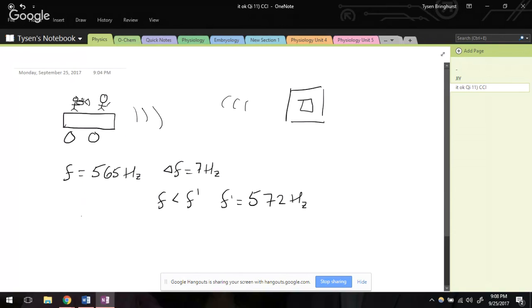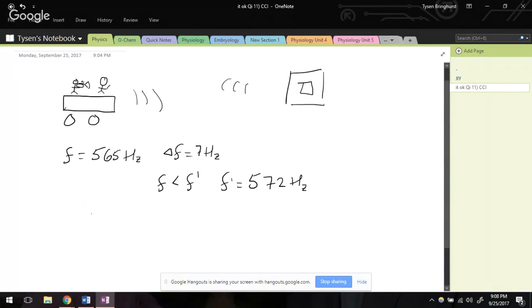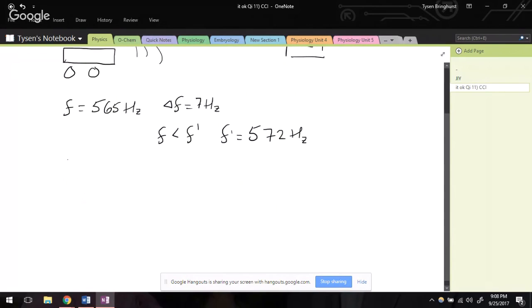Exactly. So at this point, if we want to find out the velocity of the vehicle on which the conductor is standing, we need to take our basic equation for the Doppler effect, which is F prime equals F times the velocity of sound. And in this case, we're going to have actually two things happening here. So the sound wave is going to be projected from the trumpet to the building and then bouncing back off.